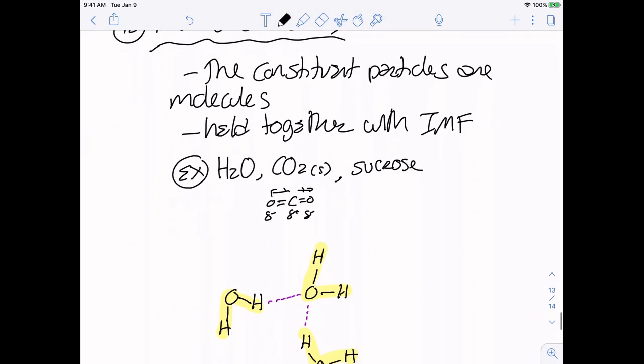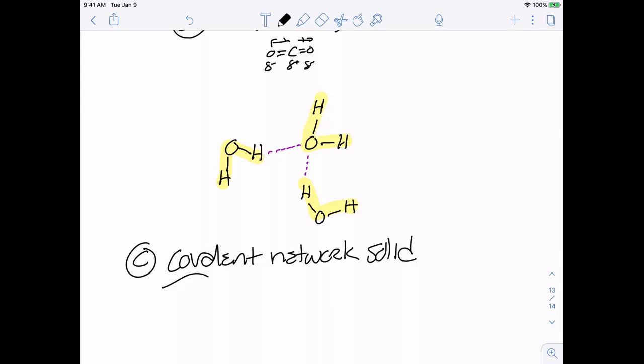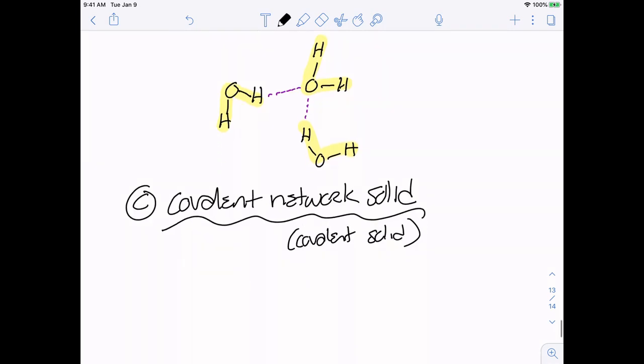My third type are covalent network solids. Sometimes the word network isn't included, so if you just hear covalent solid, it's the same thing. So again, the word network doesn't have to be there, covalent solid. And these are actually just really like one big molecule. So it's atoms or small molecules that are attached to each other with covalent bonds.